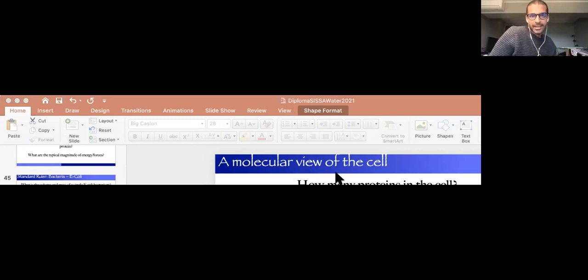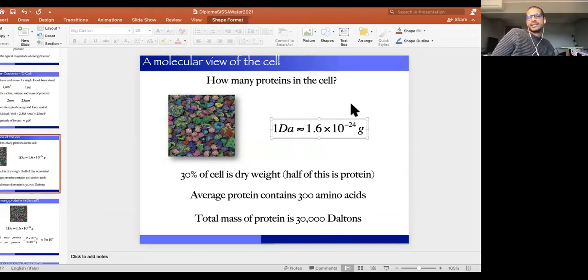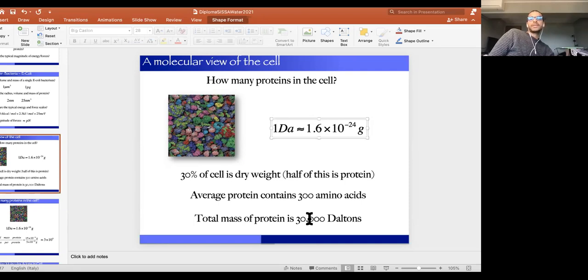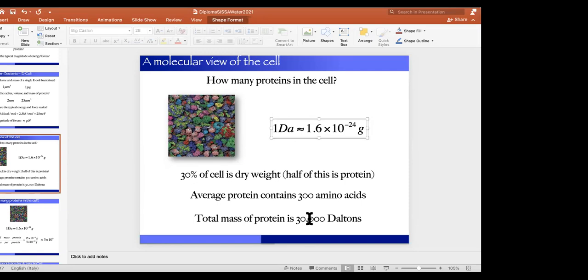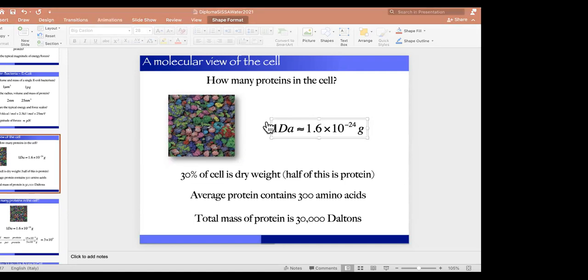Because I'm telling you, and this is an assumption, but a reasonable one, that the mass of a single protein is 30,000 Daltons, where 1 Dalton is on the order of 10 to the minus 24 grams. So you just have to take the ratio of that 15% of 1 picogram divided by the mass of a single protein. Oh, okay. Yeah, it makes sense.